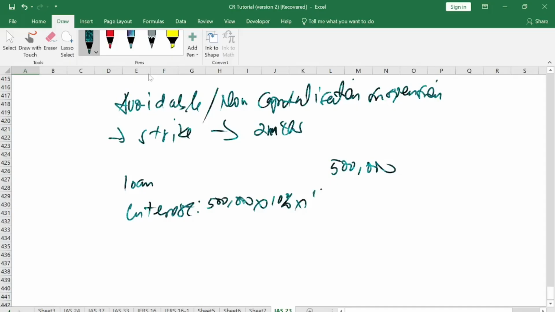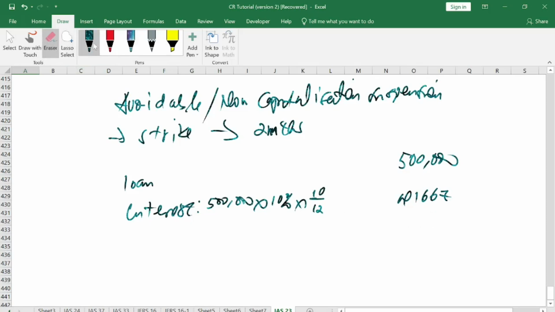It's 10 months, 10 over 12. So what do you have for your interest? Interest to be capitalized for the 10 months is 41,667. Good. So this becomes your interest to be capitalized for the first year.